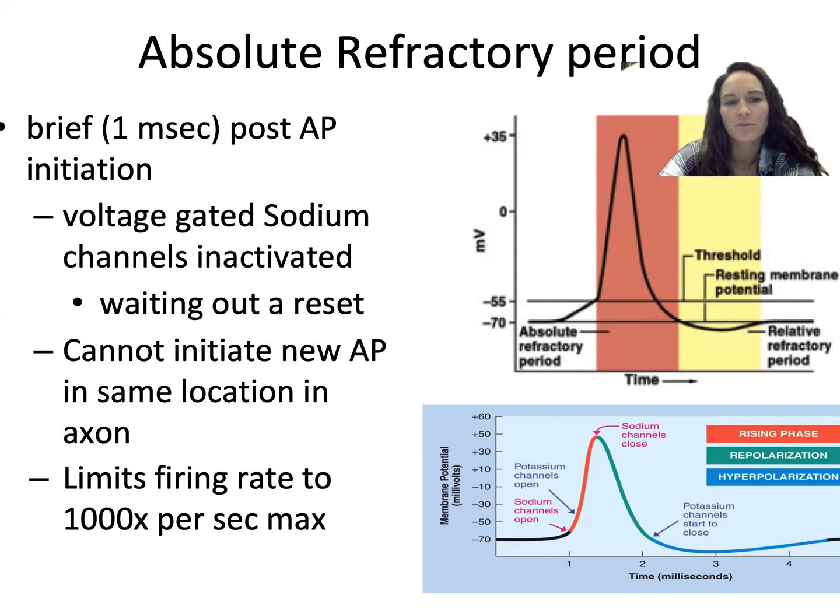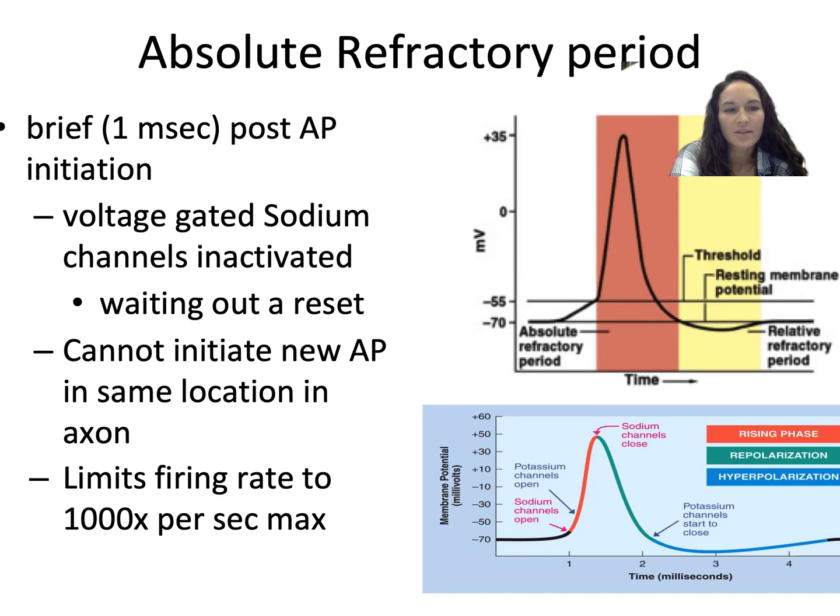So the absolute refractory period starts at the peak of the action potential and goes all the way to the repolarization as the membrane returns to rest. Once the membrane returns to rest and it's over, during this time, there's just no way for another action potential to be fired.